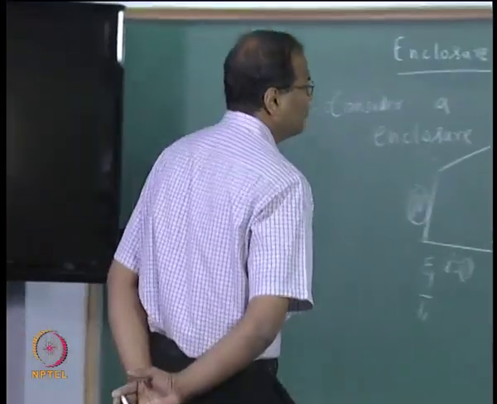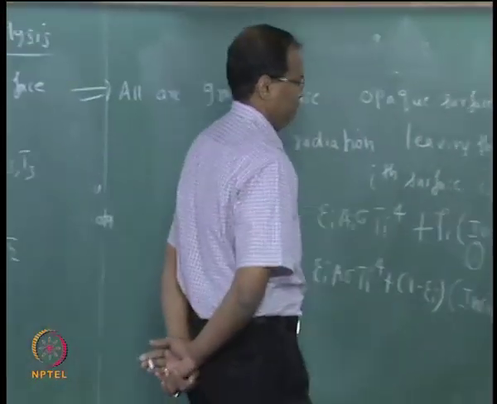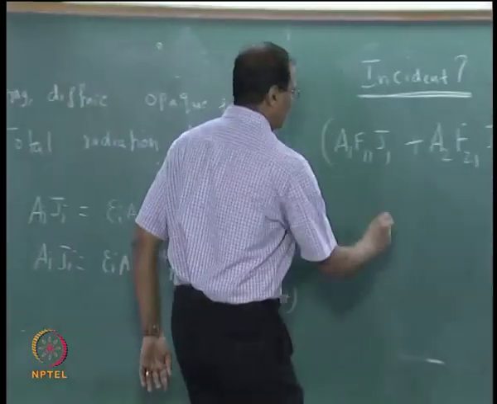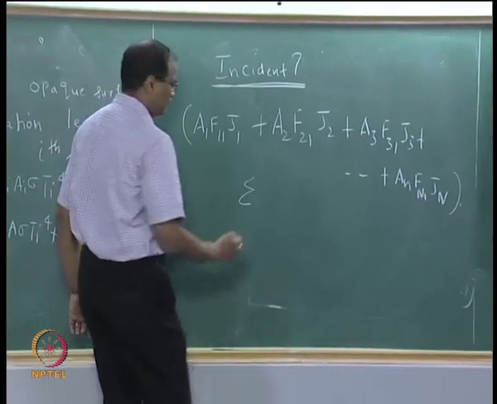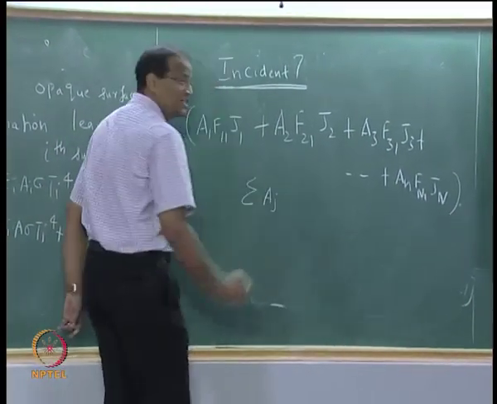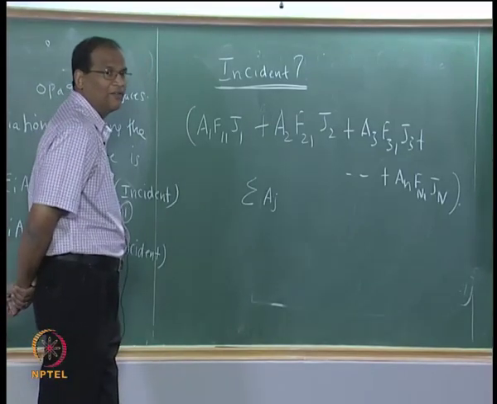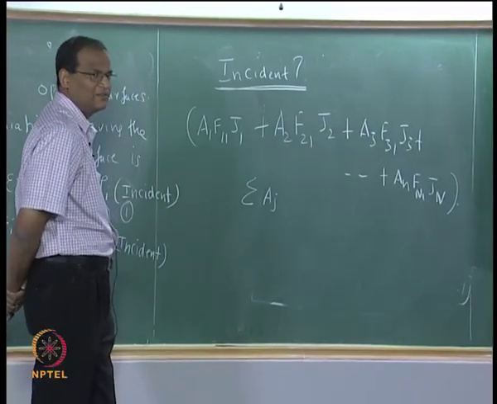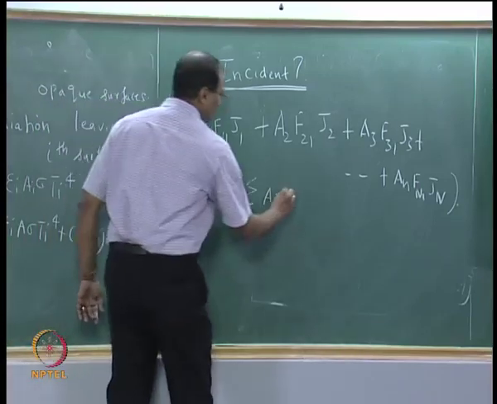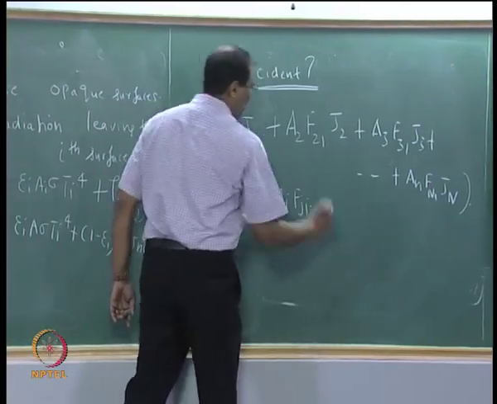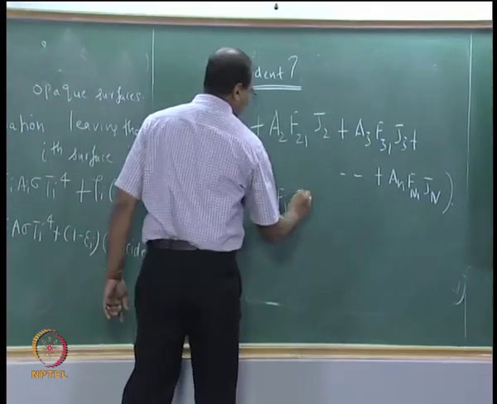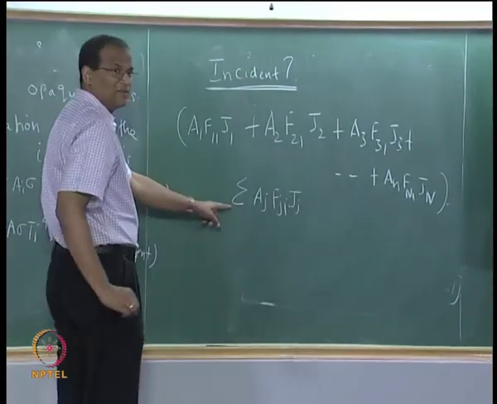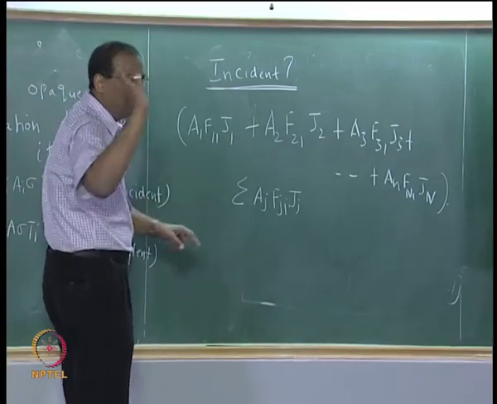So can we write it in a very compact form? Sigma Aj Fji Jj, summation j equal to 1 to n.